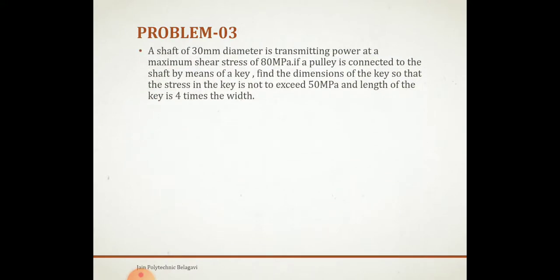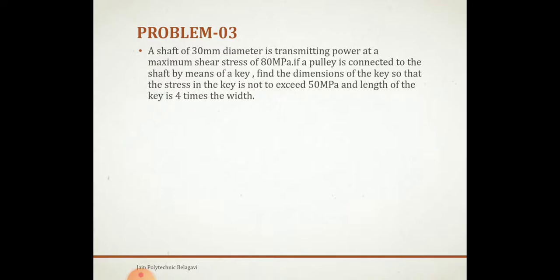We'll solve another problem. A shaft of 30 mm diameter is transmitting power at a maximum shear stress of 80 megapascal. If a pulley is connected to the shaft by means of a key, find the dimensions of the key so that the stress in the key does not exceed 50 megapascal, and the length of the key is 4 times the width.